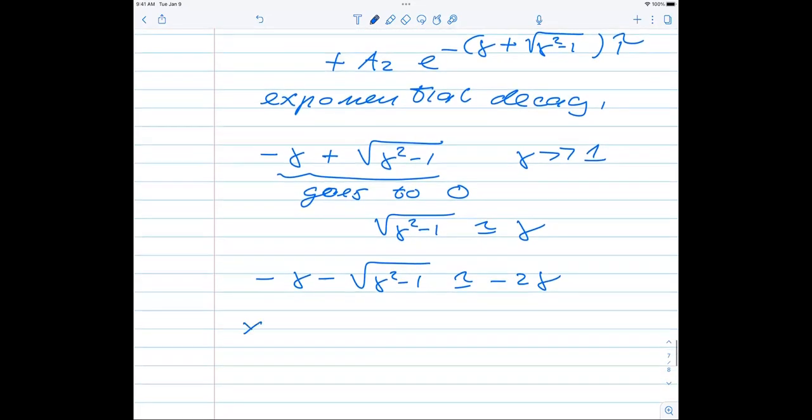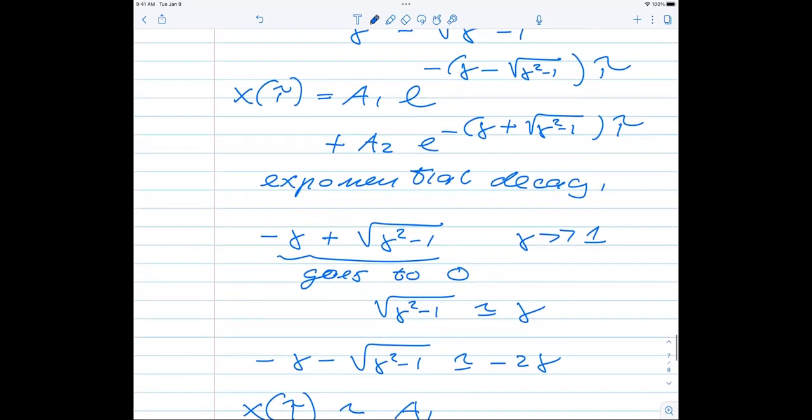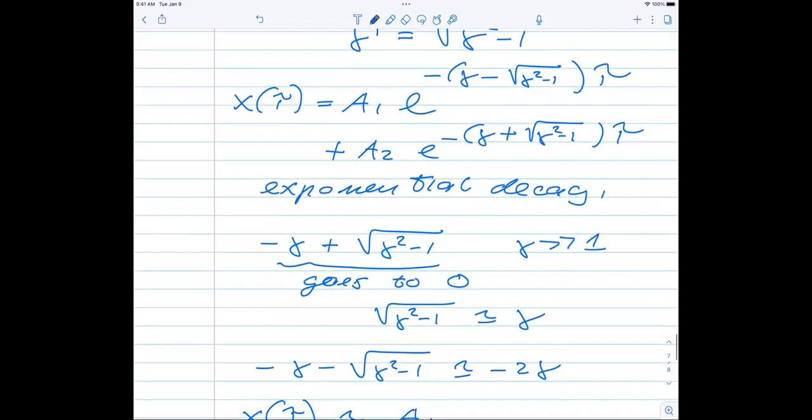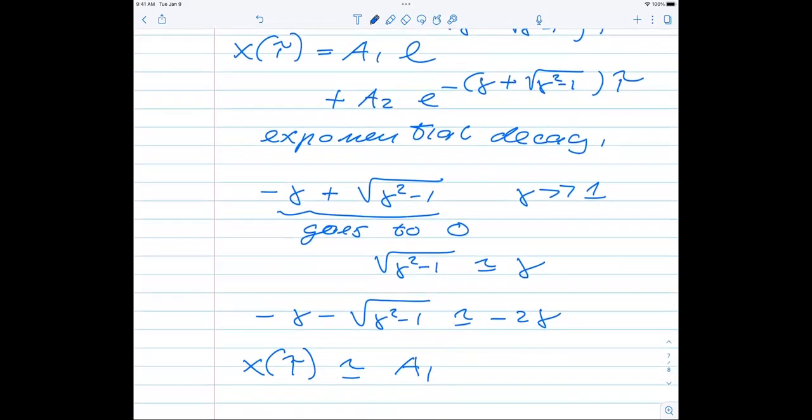So what I get then is something which runs like this: A1 times the first term, minus gamma plus gamma, and then the next term goes like plus A2 times e to the minus 2 gamma times tau, when gamma is getting large. But keep in mind that gamma here is always larger than 1.